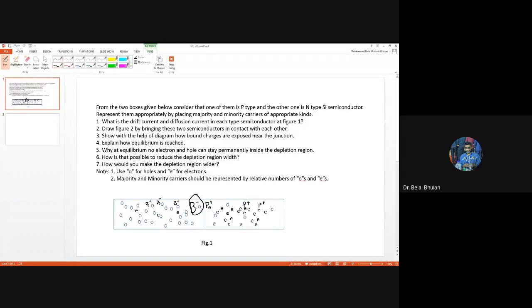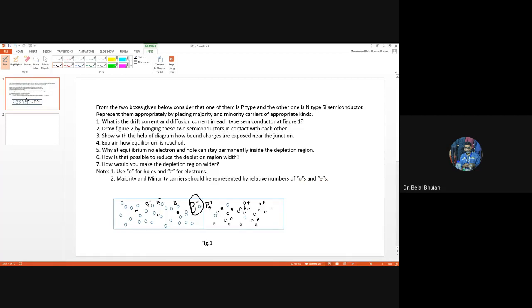Now we learned that when you dope boron, it accepts one electron from the neighboring bond, a hole is generated, and boron becomes a negatively charged ion. Similarly, when we add phosphorus, it donates its unused fifth electron and becomes a positively charged phosphorus ion.